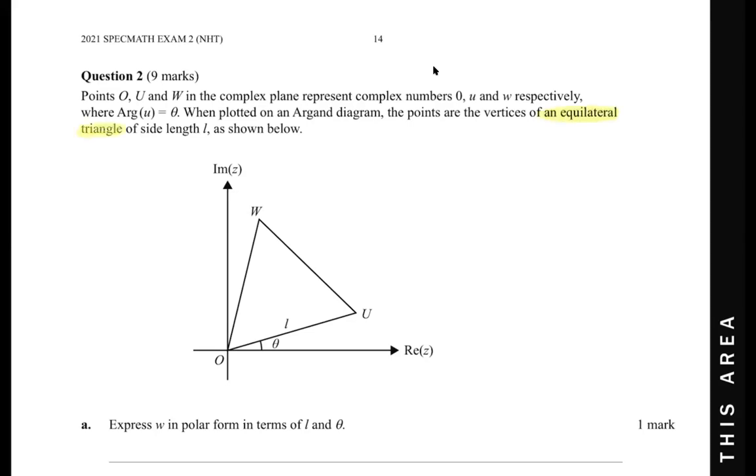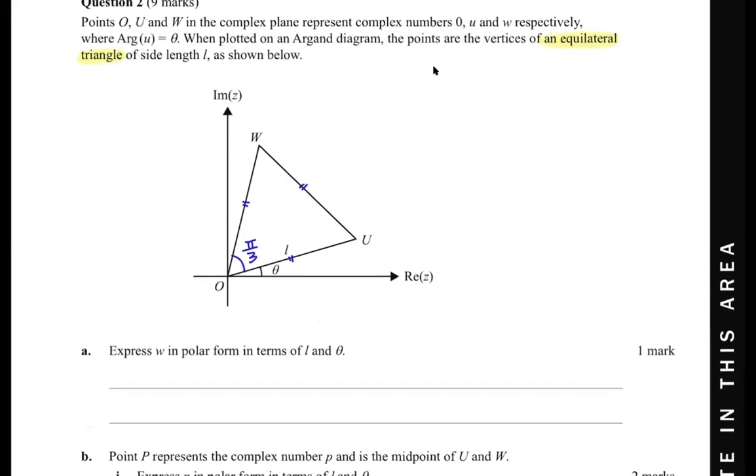Equilateral triangle, so OW equals WU equals OU, and this angle here is pi on 3, or 60 degrees. Now I want to express w in polar form in terms of L and theta. So this is L, this is L, this is also L. The w is positioned here. The length is L, and the angle relative to the positive real axis is pi on 3 plus theta.